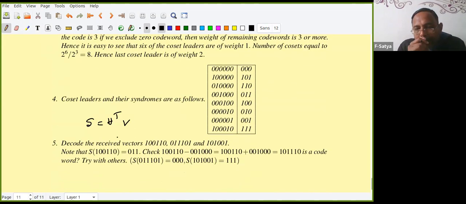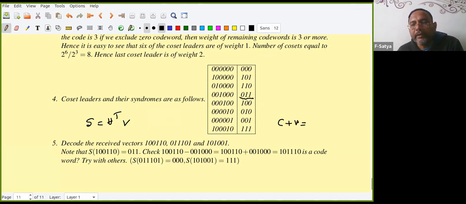I hope you can check it. This 0, 1, 1 in the table, where is it? That means it actually comes from adding this error to the code word. So my code word plus this vector is equal to the given vector.